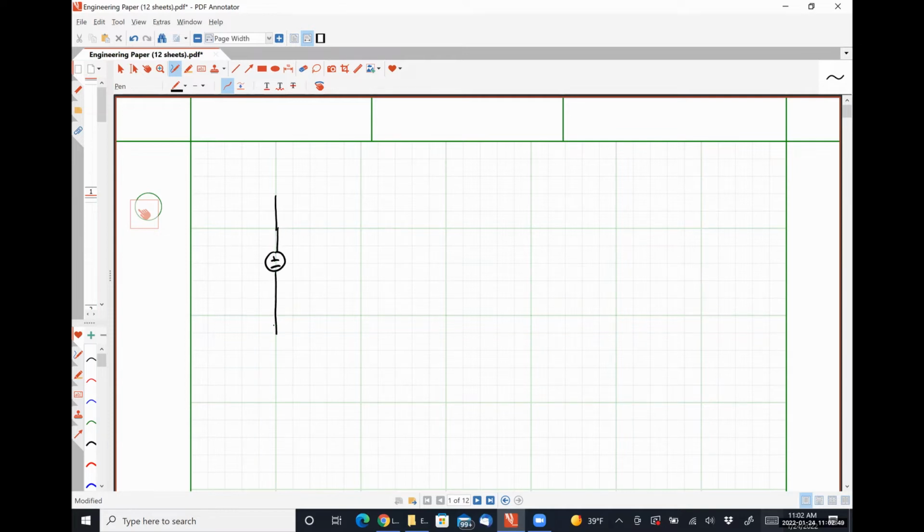And we're just going to start with this guy in the frequency domain. So we have a 12 angle 0 degrees volts RMS source.